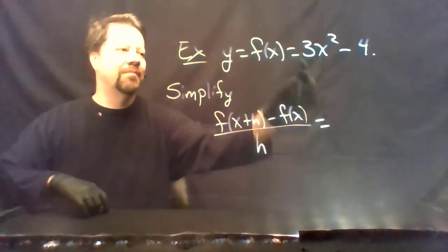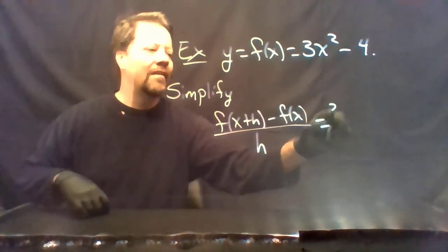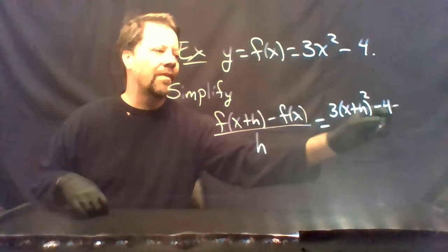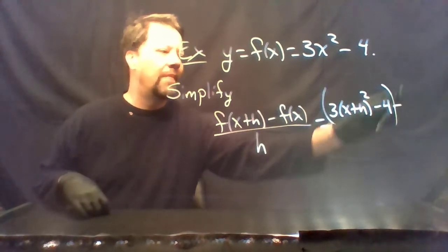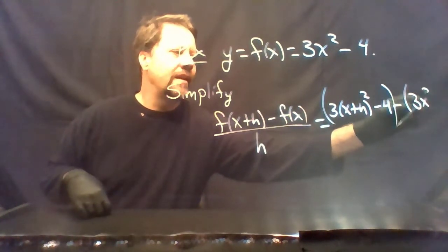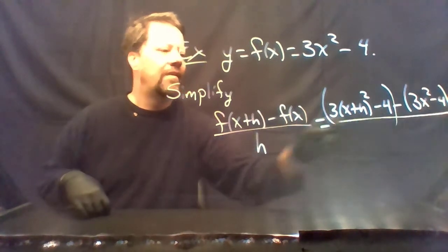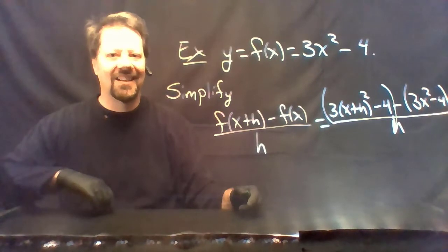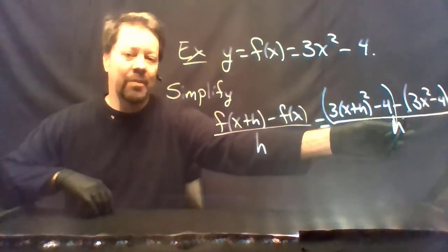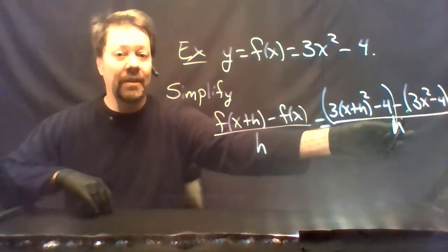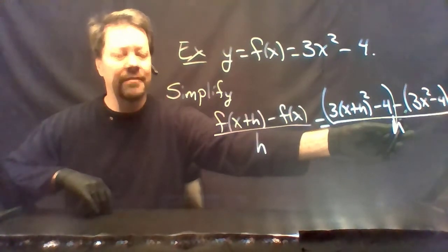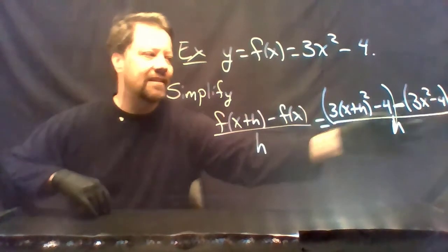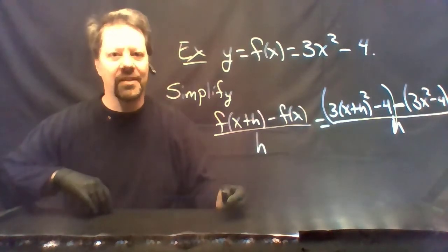On this problem, it's going to be 3 times (x plus h) squared minus 4, minus the quantity 3x squared minus 4, all over h. Now, if you leave off the parentheses in this spot, you will get it wrong, and I will mark you off for violating the order of operations agreement. We're subtracting this entire expression, not just the first term.